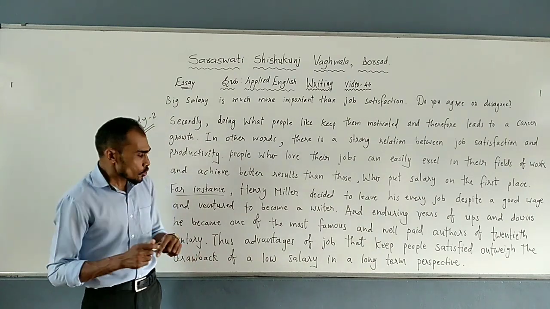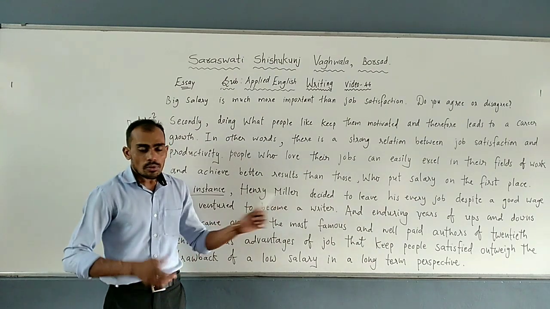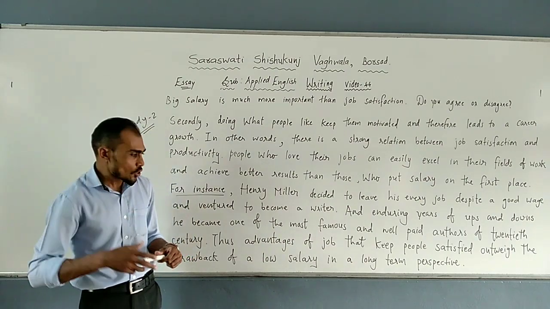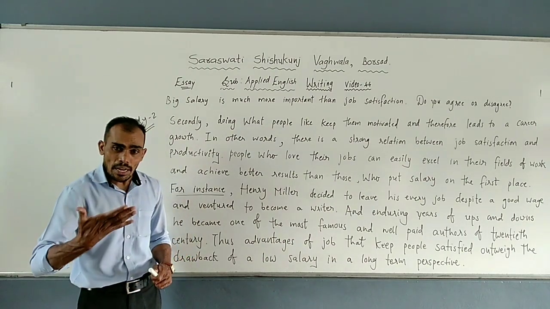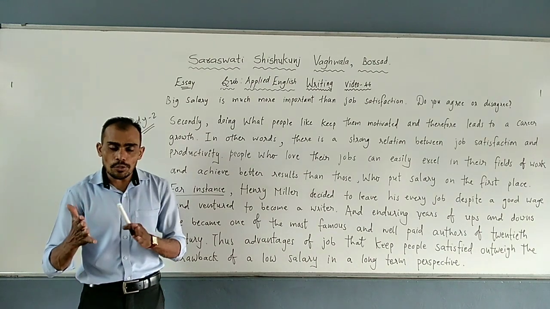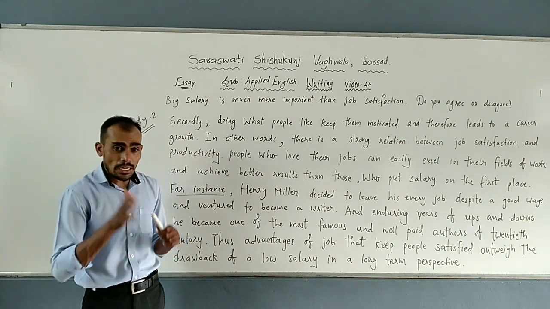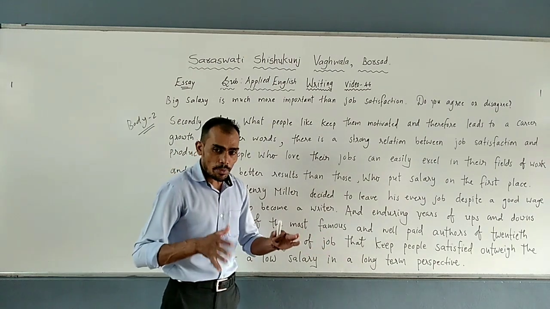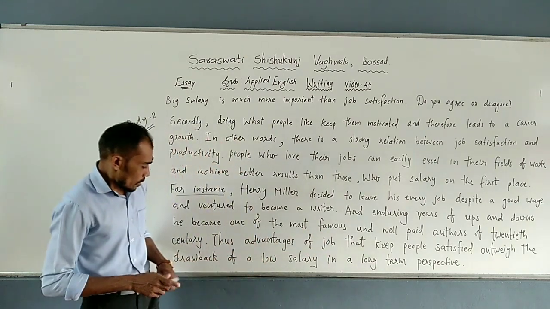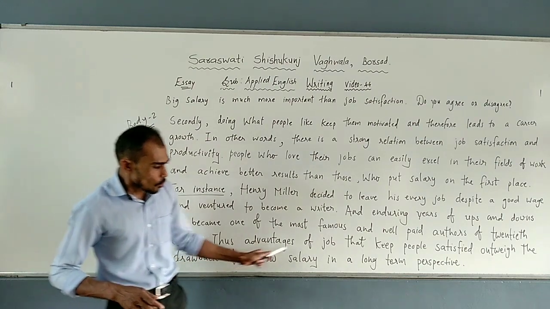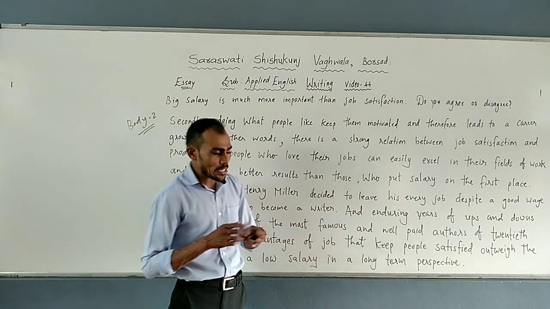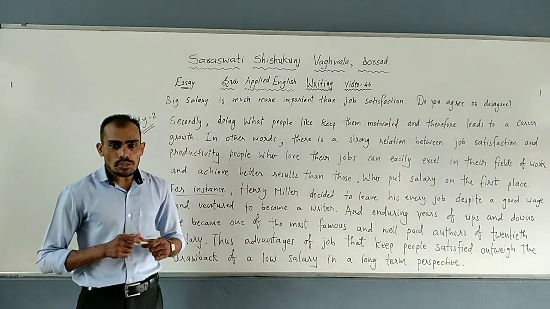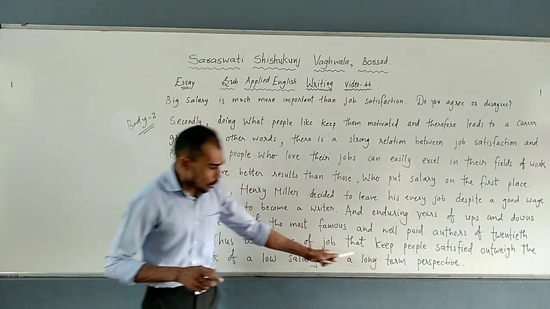Students, if you read the books of Henry Miller, sir, you get super books, okay, and get a lot of knowledge. Why did he leave his job? Because he wanted to become a writer, and he left his everyday job and he became a famous author. Thus, the advantages of a job that keeps people satisfied outweigh the drawback of low salary in a long-term perspective.